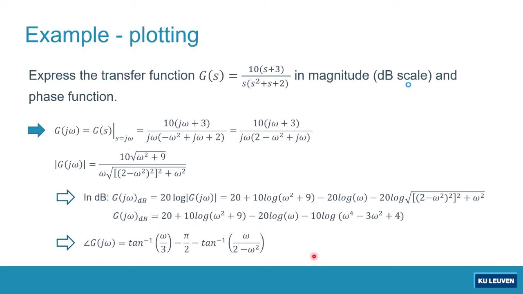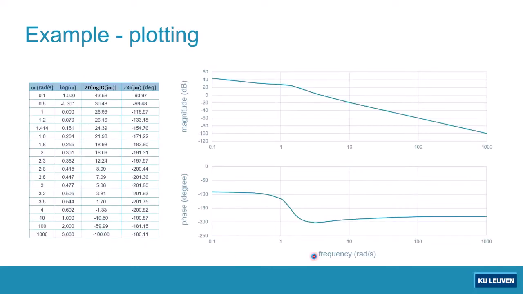Once we have these two equations, the equation of the magnitude in dB scale and the equation of the angle, I can start to plot it. Basically, to plot it, you just have to use any software on your computer.